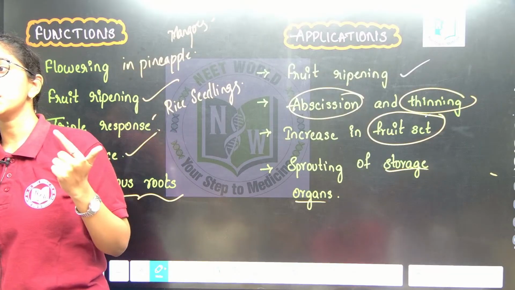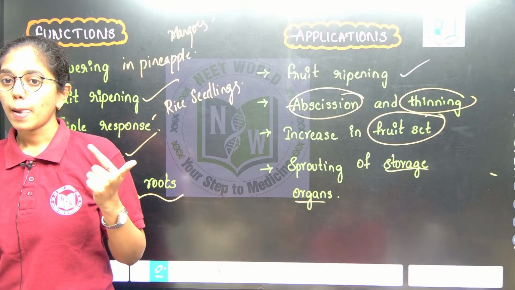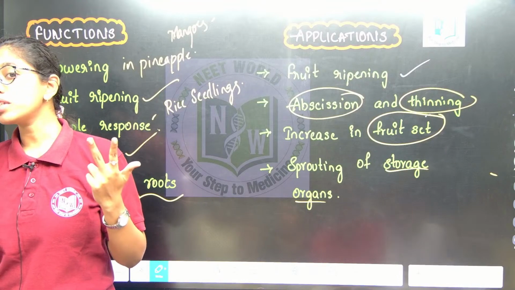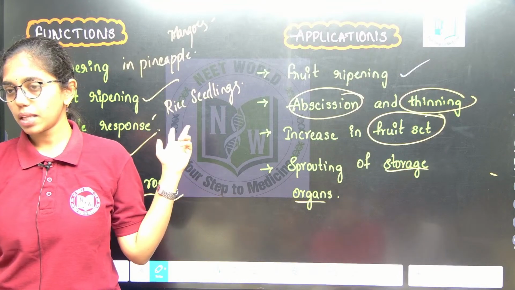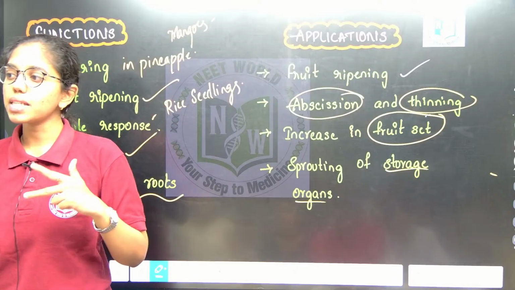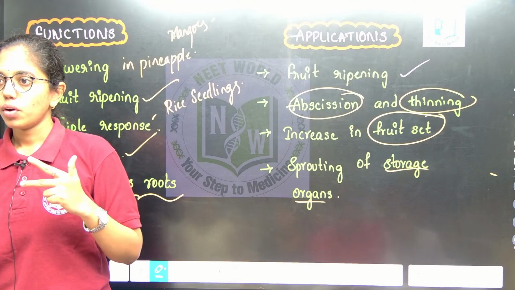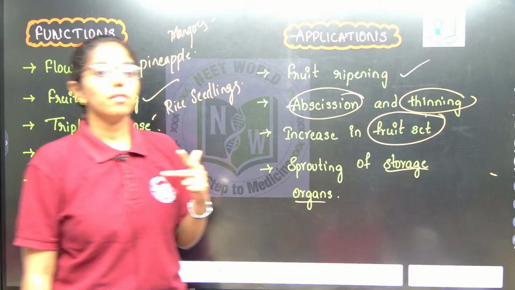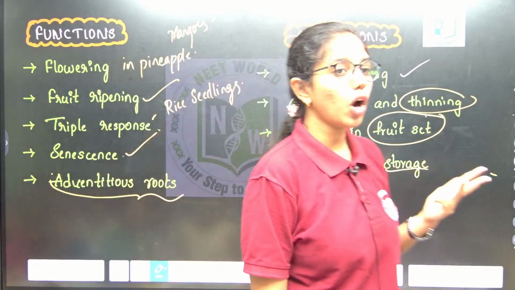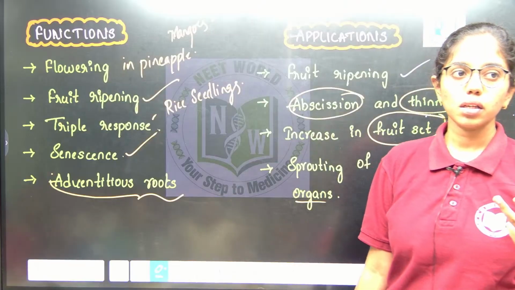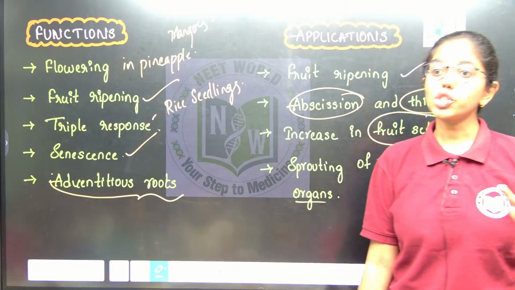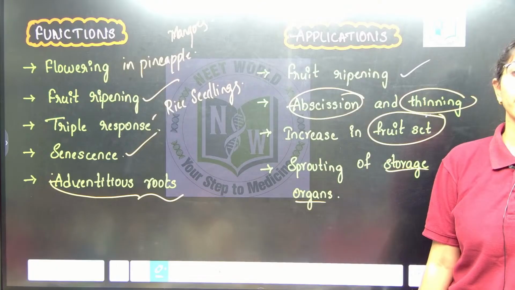Which will inhibit seed germination? Abscisic acid. Which promotes abscission? Abscisic acid. Which inhibits abscission? Cytokinin. Okay. Which phytohormone promotes senescence? Ethylene. Which will inhibit senescence? Cytokinin.